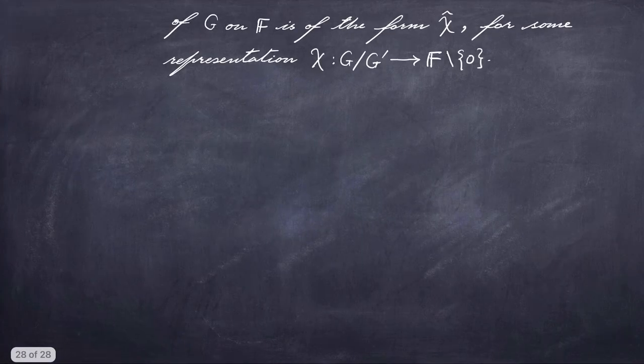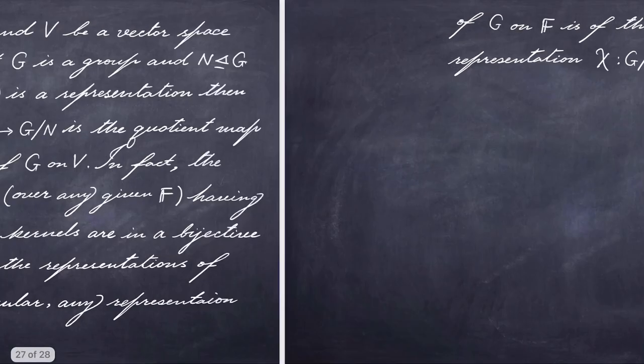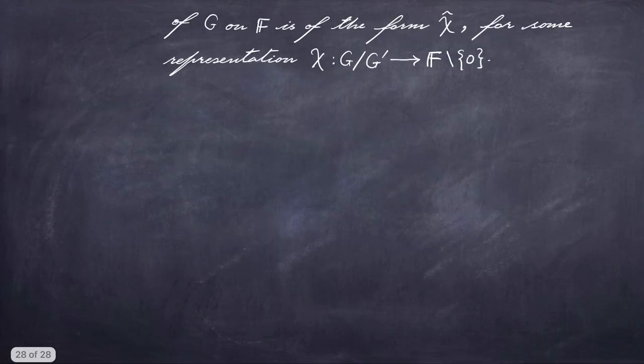As a very special case of that, we see that any one-dimensional representation of G on F has to be of this form chi hat, where chi is a representation of G modulo G prime.